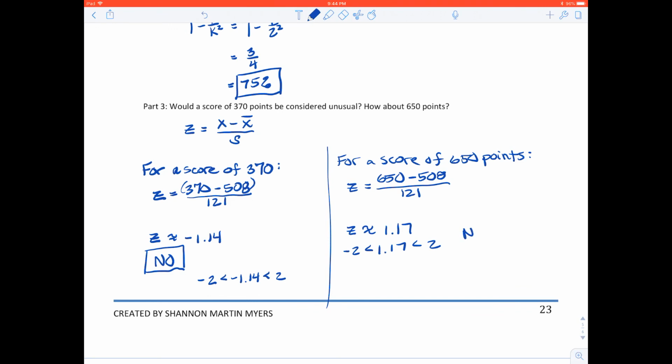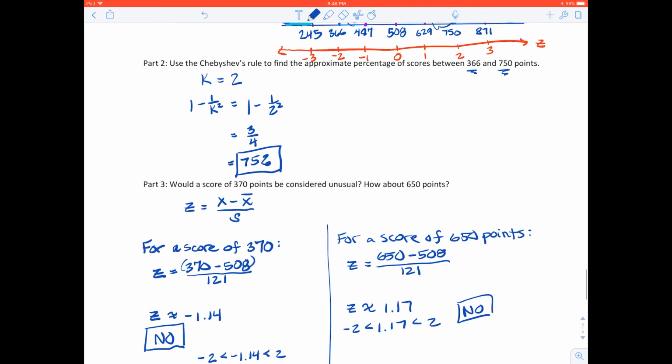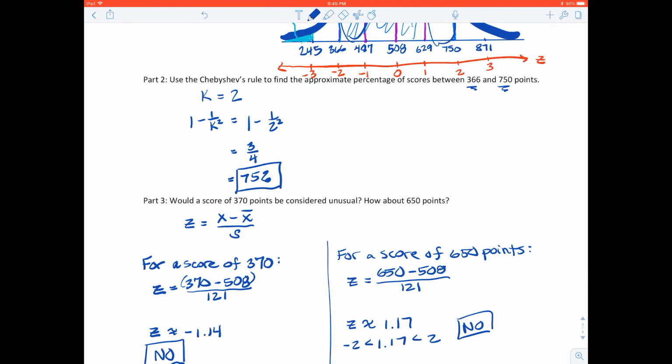So this one is not unusual, or not extreme. If we plot our z-scores, the first one was negative 1.14, so it'd be somewhere about here, and the other one was 1.17, so it'd be about right here on that z-scale.